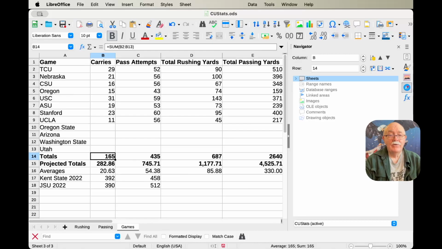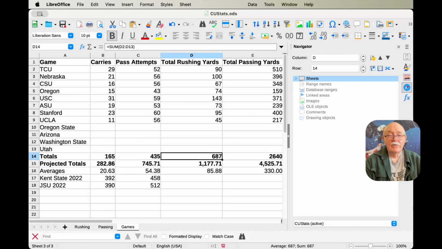So you have a total of 165 carries, 435 pass attempts. Excuse me. The 435 pass attempts are pass attempts including the rushing that the quarterbacks are doing and the sacks that they've endured, which is quite a few.